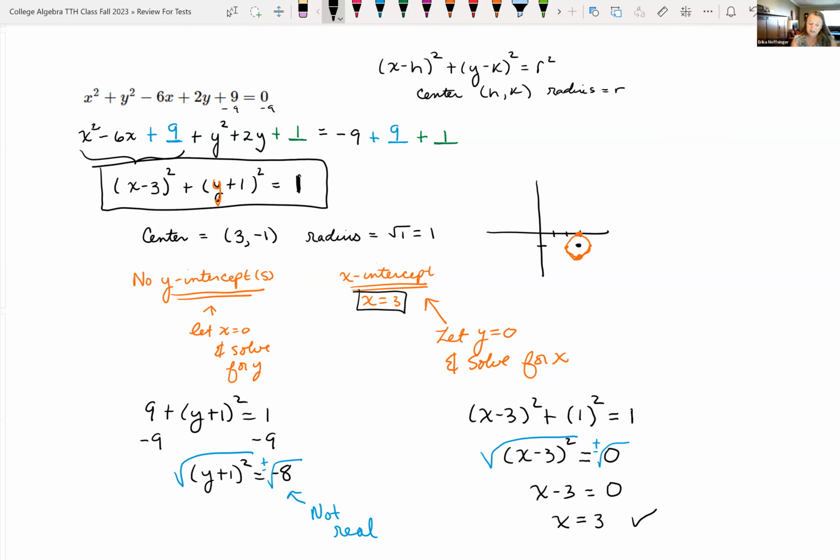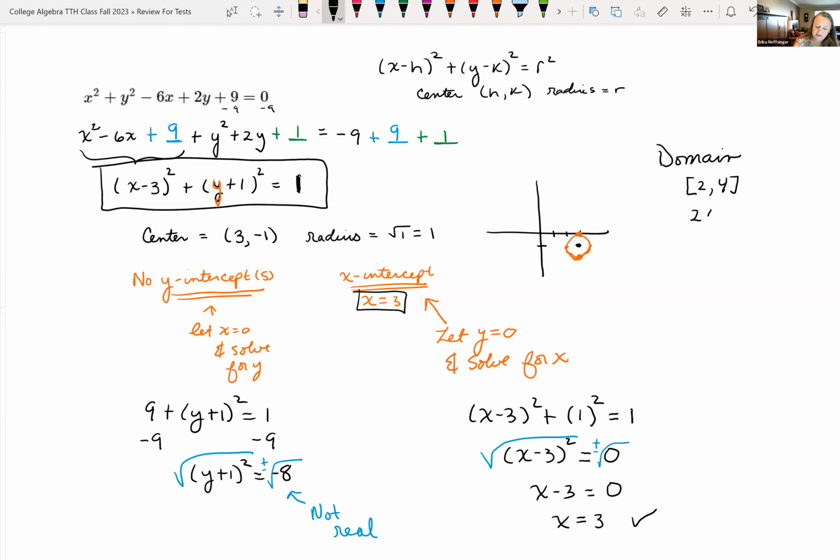So a couple other things that you should be able to do with this problem, you should be able to tell me what the domain is and what the range is. So looking at this, my domain, which are all my x values that I'm using, well, my center was at 3, -1. So if I go to the left one and to the right one, I'm hitting all the x values from 2 to 4.